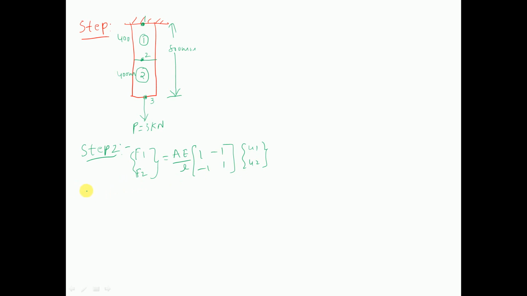But for element 1 we have to find the finite element equation. For element 1 the nodal connectivity is 1 and 2, nodes connected are 1 and 2.